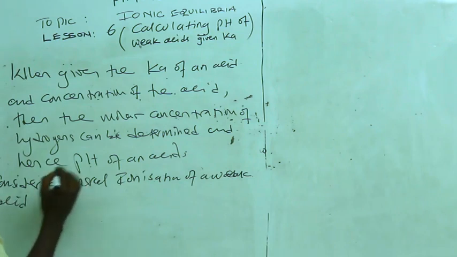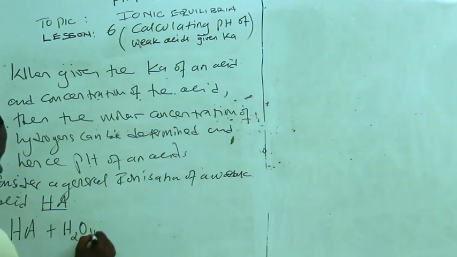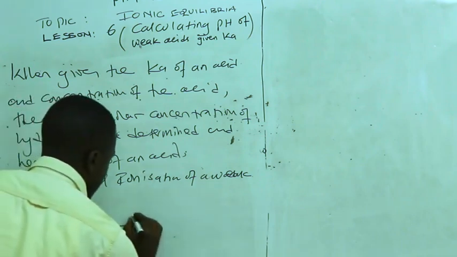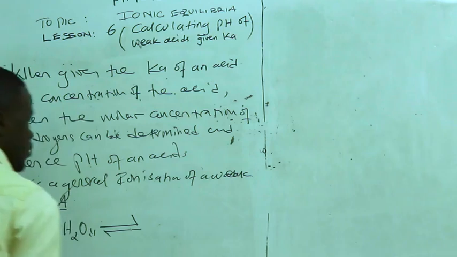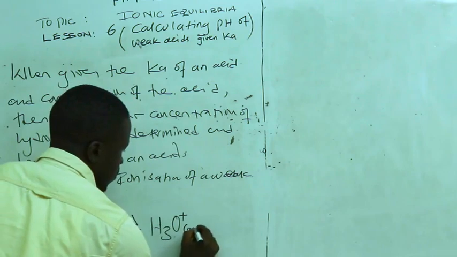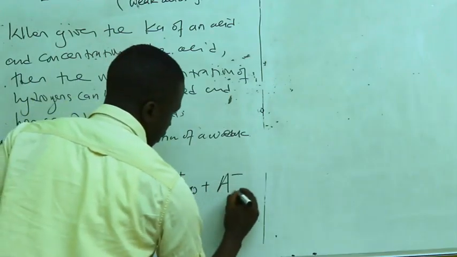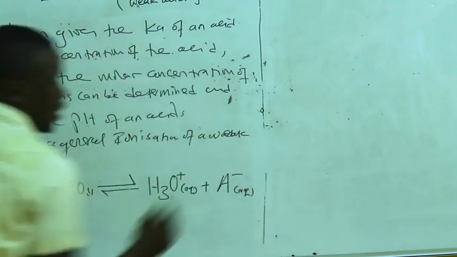Capital H, capital A. If this is our weak acid, it could be an organic acid, HA, when dissolved in water, ionizes partially to give us hydroxonium ions and A minus, aqueous.